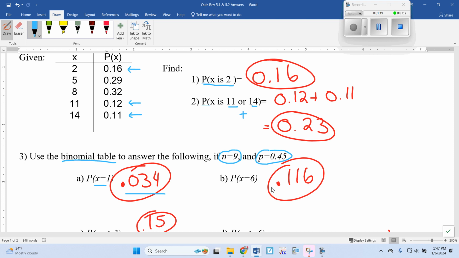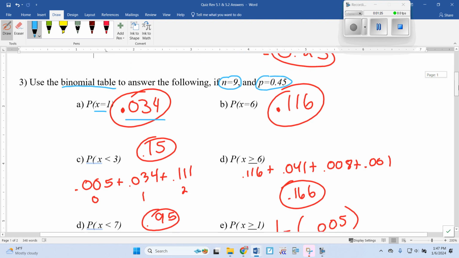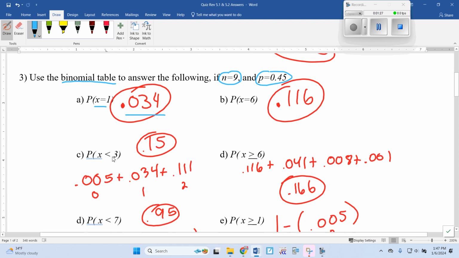X is 6, same thing, we get 0.116. A little more involved when we have greater than and less than. If we have less than 3, that is going to be 0, 1, and 2. So we just look up those three numbers in the table and we add them together to get 0.15.